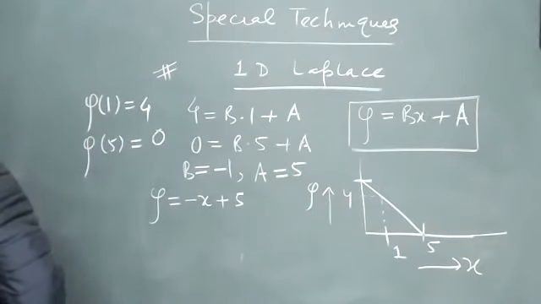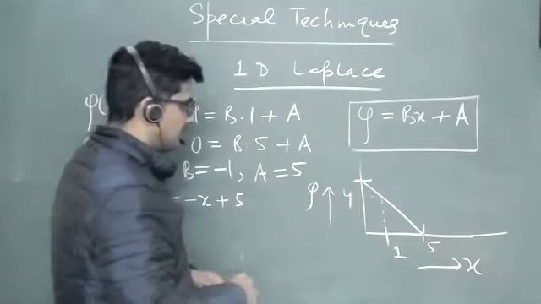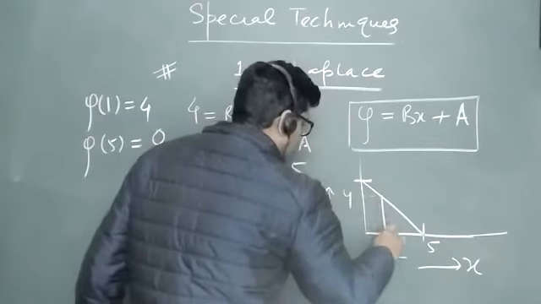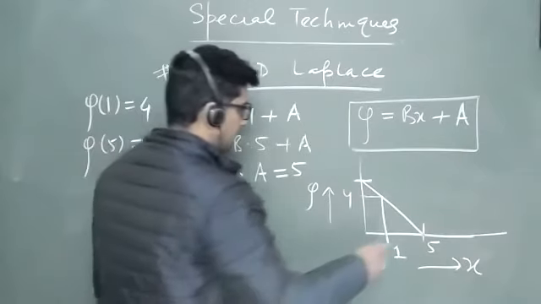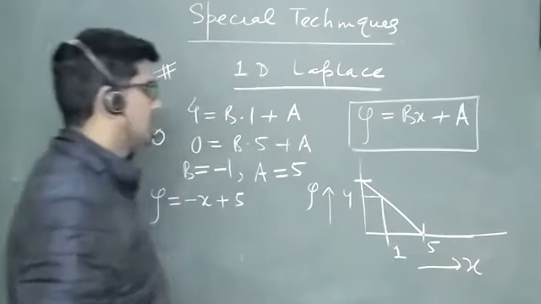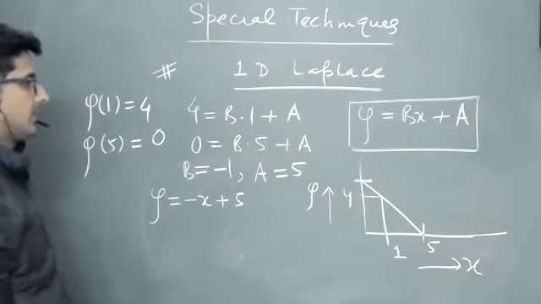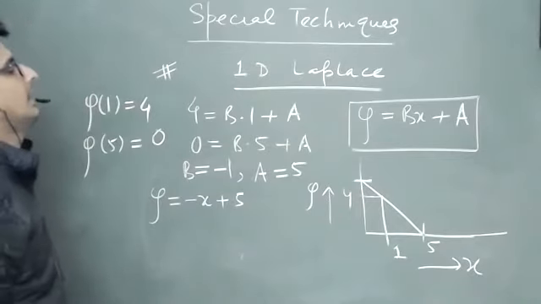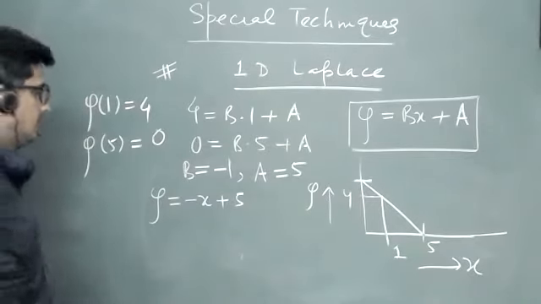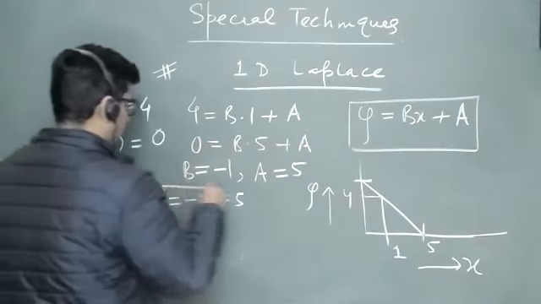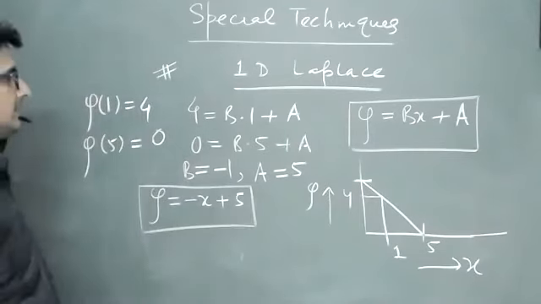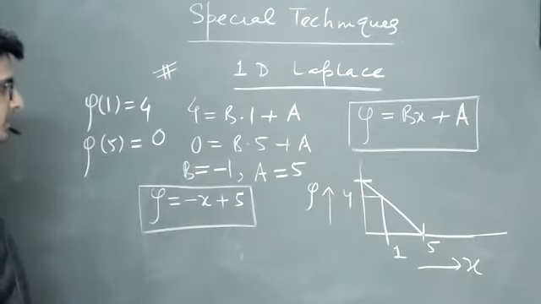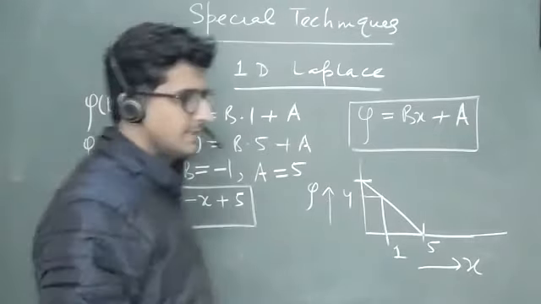Okay, so this was the boundary condition. It is following this, and we got the profile. This is how the potential is. It is a straight line in one dimension. You will say it is very trivial, very simple.